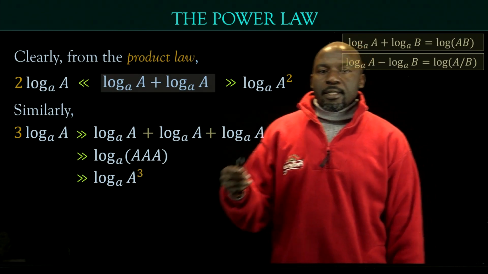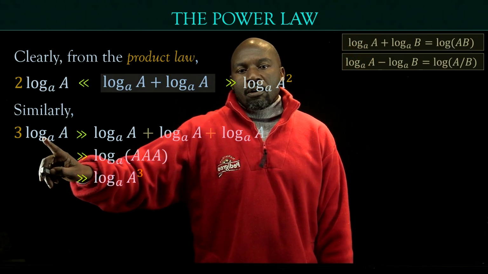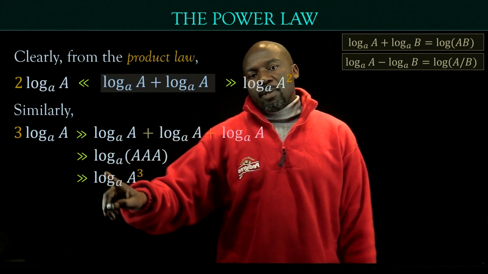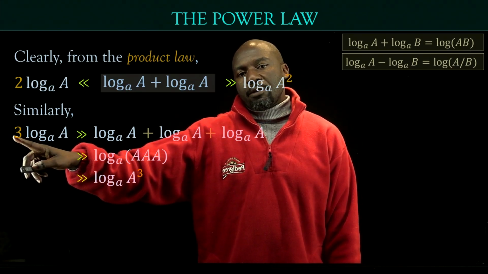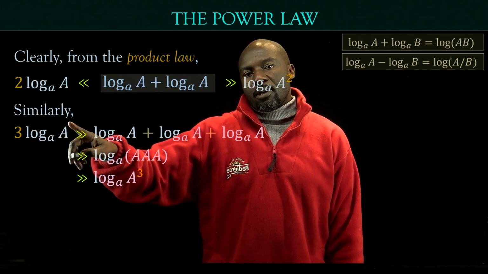So clearly, just like before, 3 log of A must be the same as log of A power 3. It's almost like we are allowed to pick this from here and just bring it to the top.